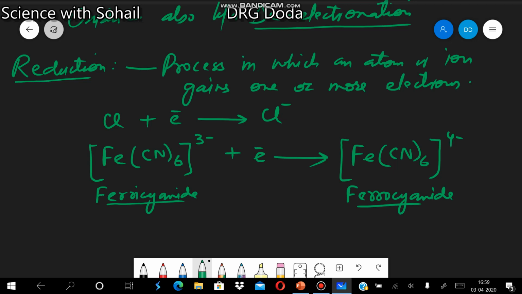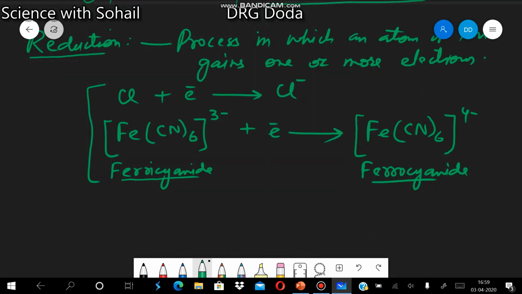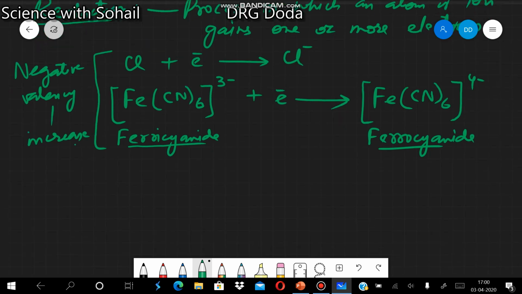So these are the cases in which a species is gaining electrons. So these are examples of reduction. In these two cases, what is happening to the valency? We can see that the negative valency is undergoing an increase. So with reduction or with the gain of electrons, what happens? The negative valency increases.